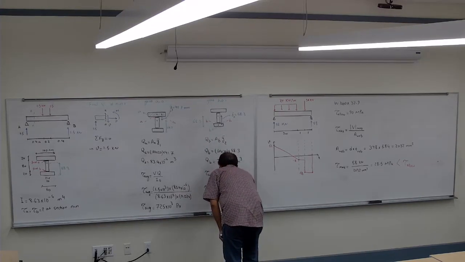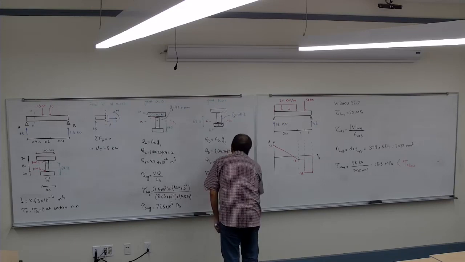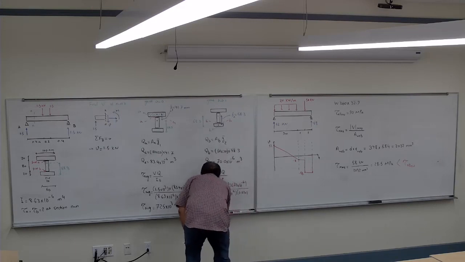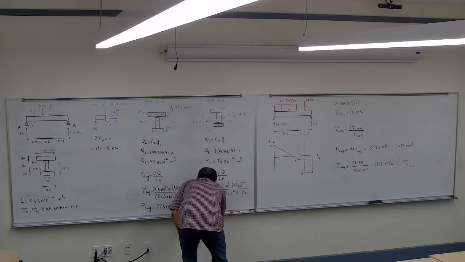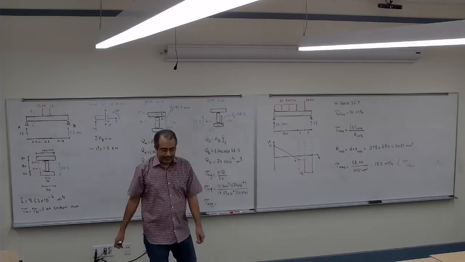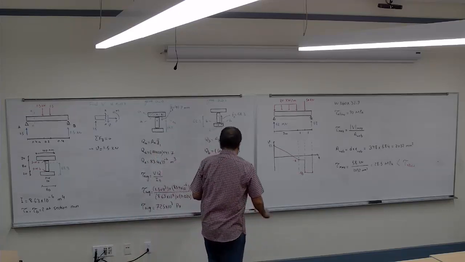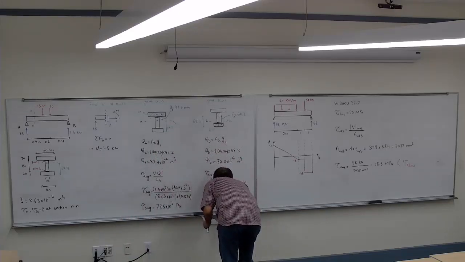The I is 863 times 10 to negative 6. And the width is also the same, 0.020. So the tau average would be 608 kilopascal.